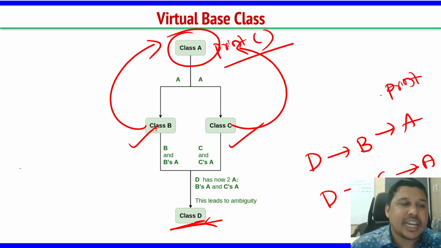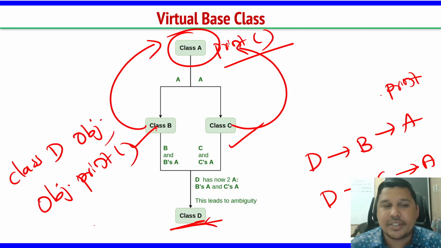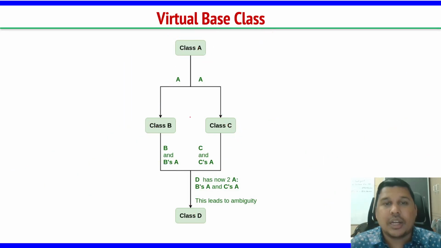Now if I create an object of class D, obj, and if I write obj dot print, is this print through B or is it through C? That is the confusion here. Class A is the super parent, and it has a method.